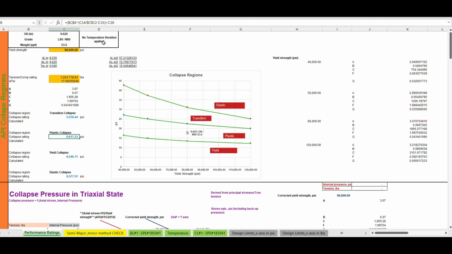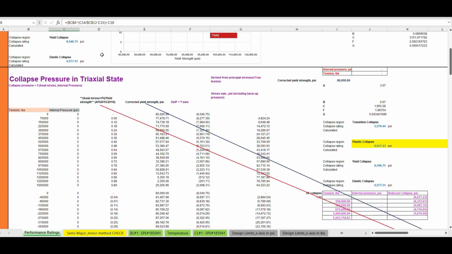I need to mention that I'm not applying any temperature derating. Temperature derating is kind of a vendor specified value for each temperature increment.